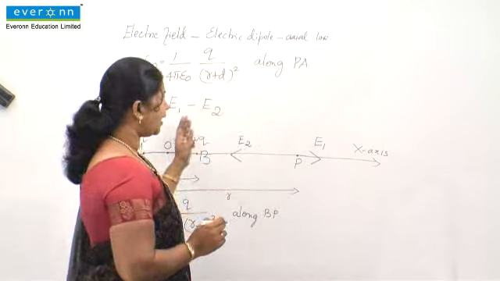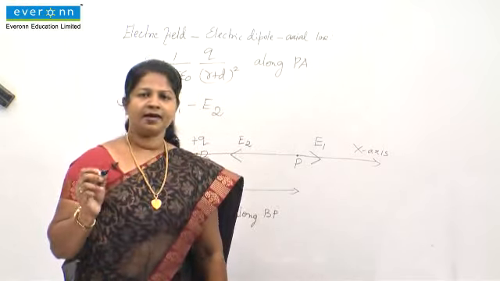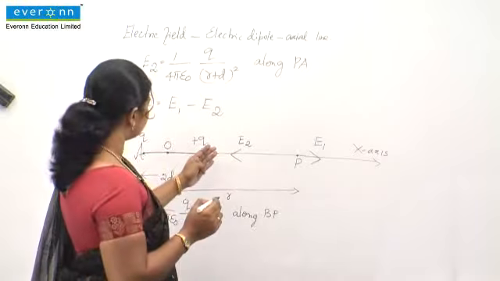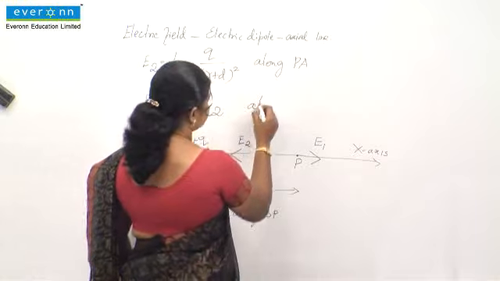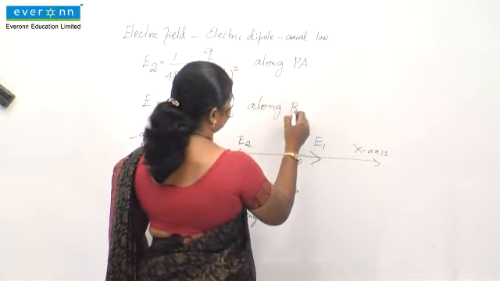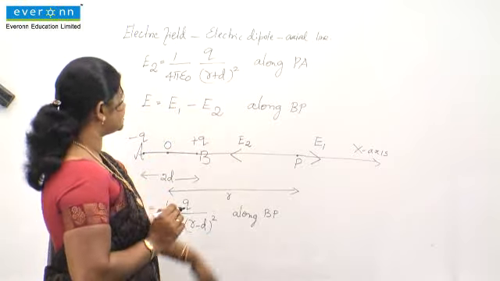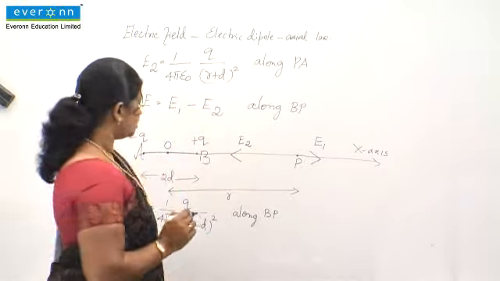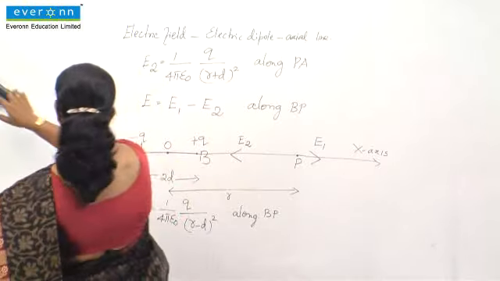What will be the direction of the resultant electric field? It should be the direction of the charge with greater magnitude. Greater magnitude means plus q, so the direction will be along BP. Now we have to find E1 minus E2, so let us simplify this equation.